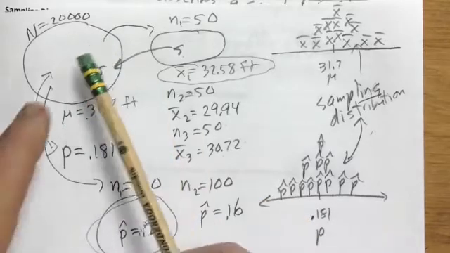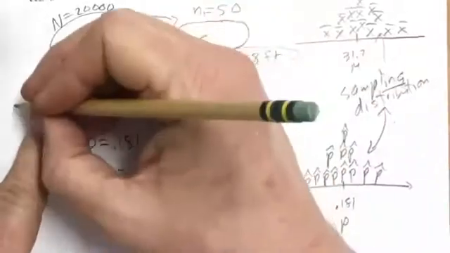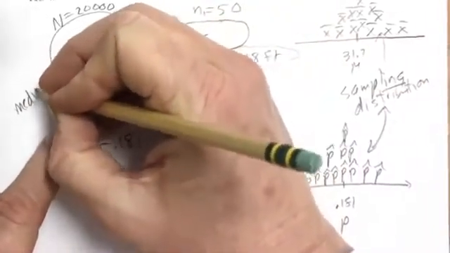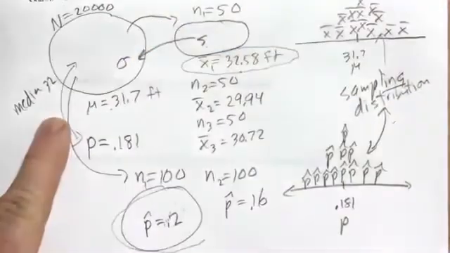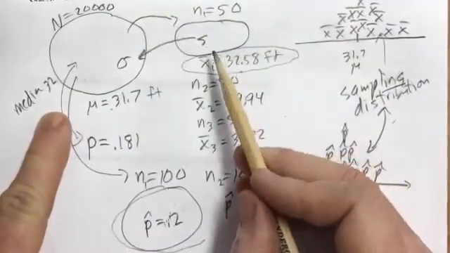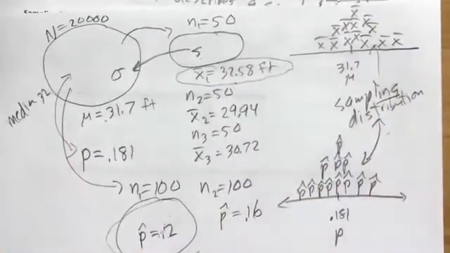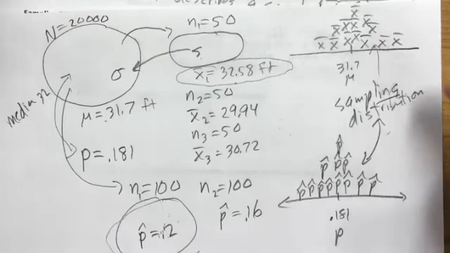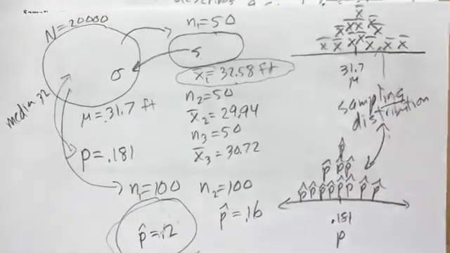Or we could find the median. We find the population median. Let's just pretend the median is a tree that's 32 feet tall. And then you could find the median for all the different sample values and come up with a sampling distribution of medians. So there are all sorts of sampling distributions, but these are the two that we are going to primarily work with this year.